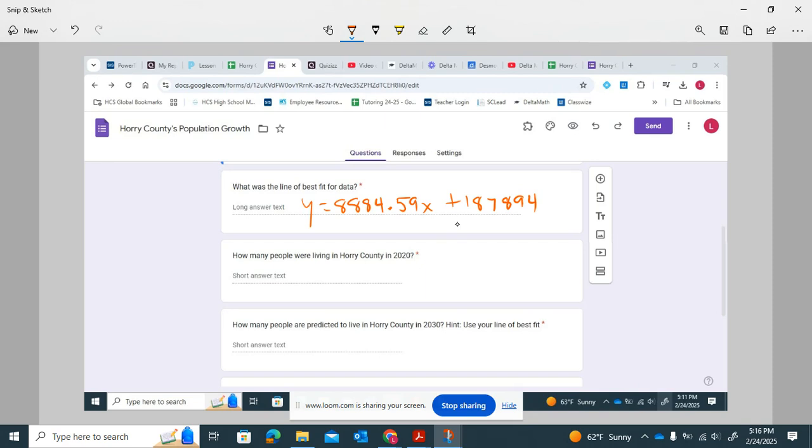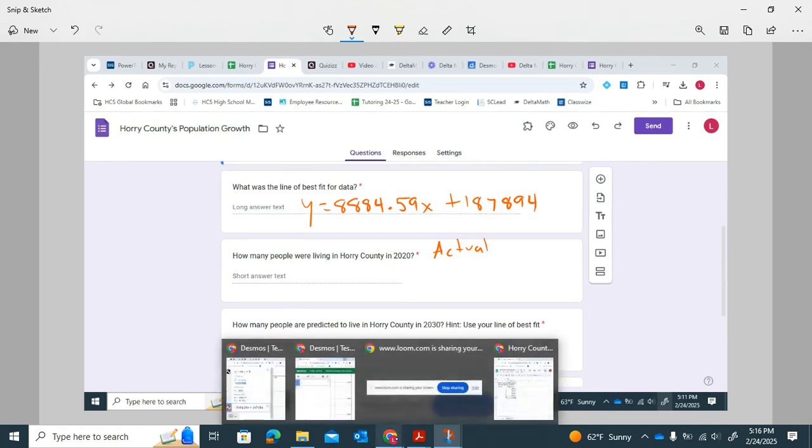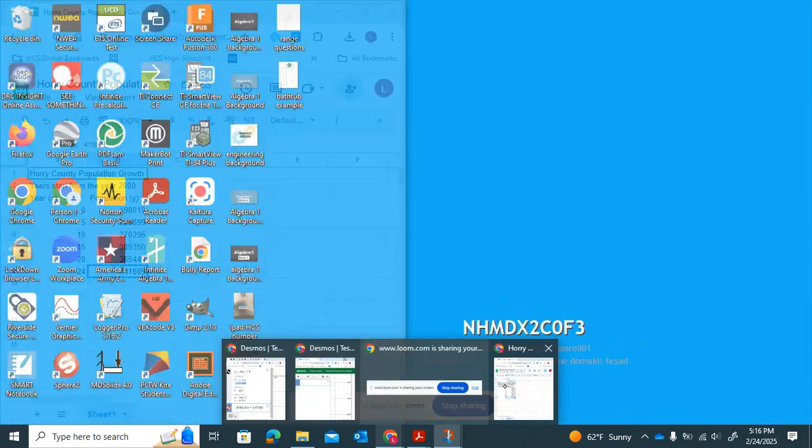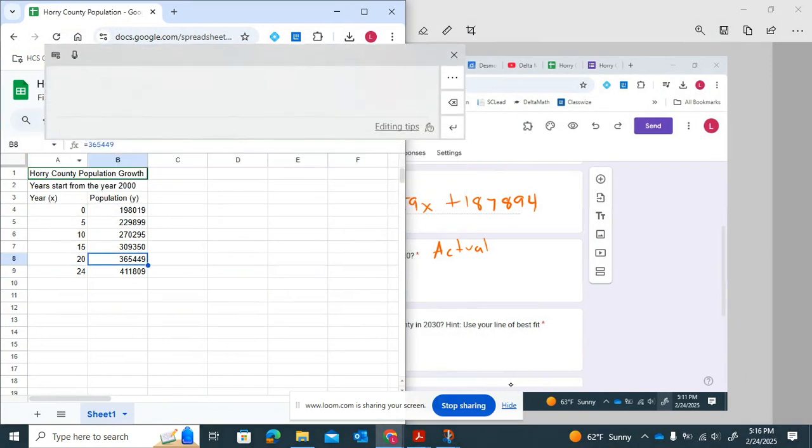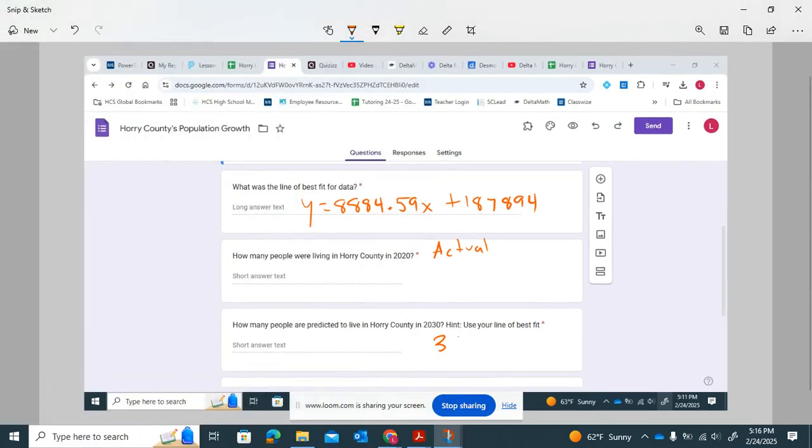Then it says, how many people were living in the county in 2020? Well, I'm pretty sure we actually have data, so this is an actual data point. All you have to do is look in the spreadsheet. In 2020, there were 365,449 people.